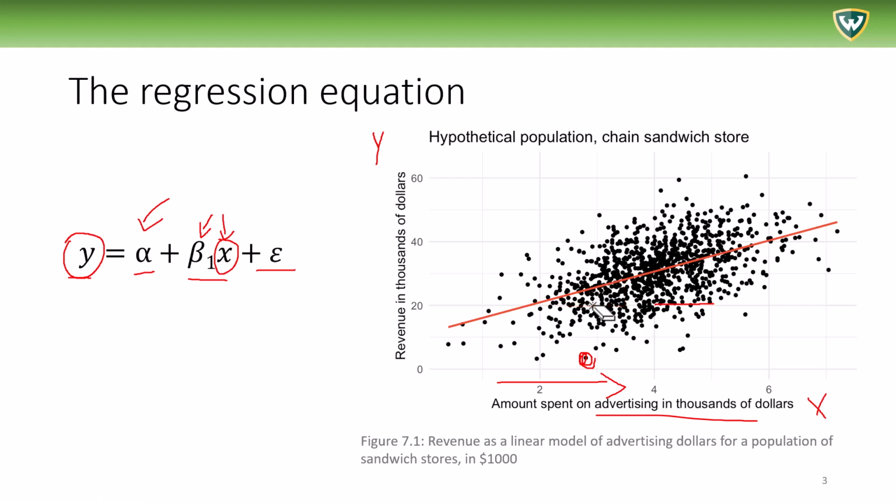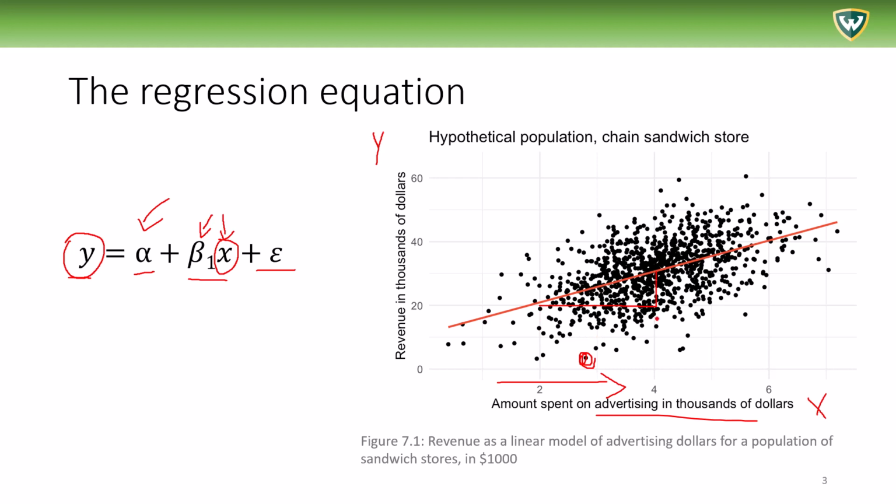Actually, erase this one, get the pen again. So from here, we got about 2, and then here we go from 2 to 4. So it almost looks like a 2 unit increase in advertising increases revenue by 10.